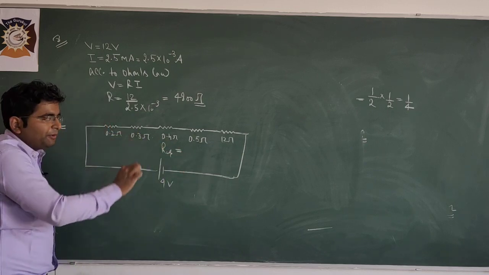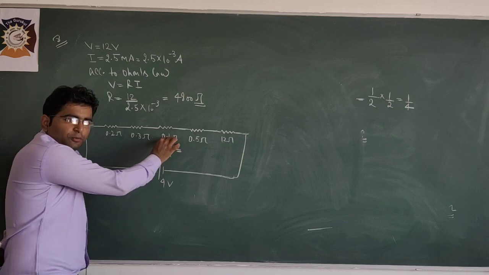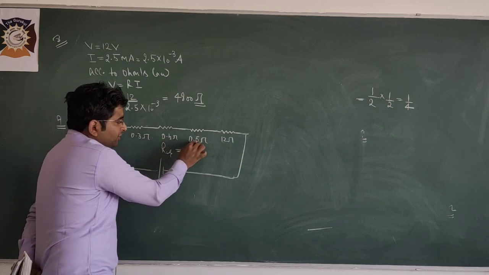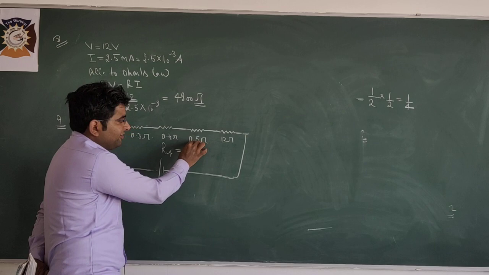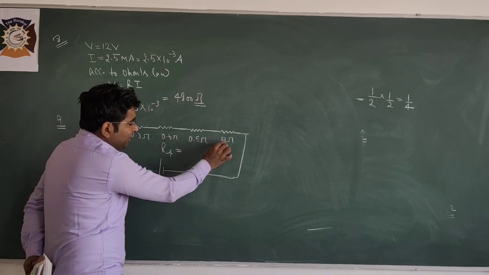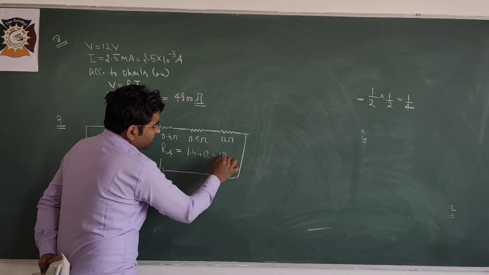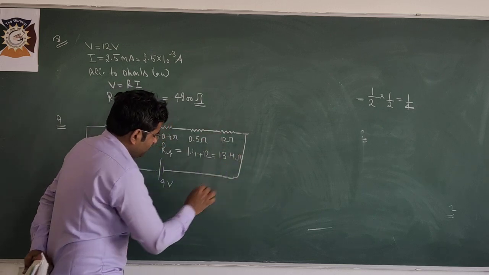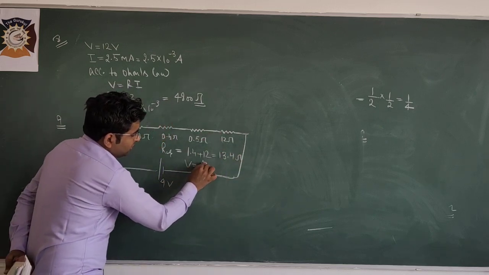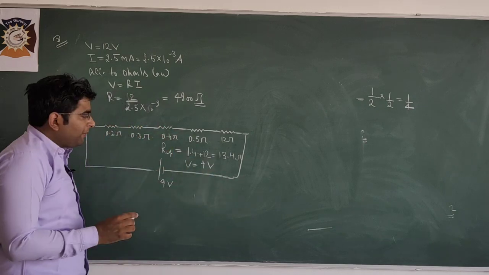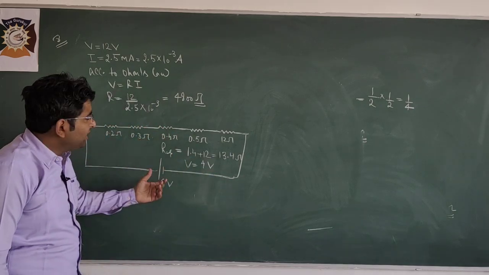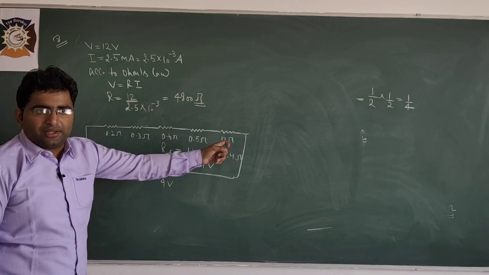So students, now total R: 0.2, 0.3, 0.5; 0.5 and 0.4, 0.9; 0.9 plus 0.5, 1.4; 1.4 plus 12, it will be 13.4 ohm. Voltage is 9 volt. So by dividing V upon R, we will calculate the value of I. Clear?